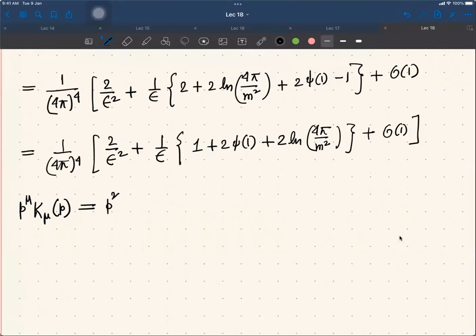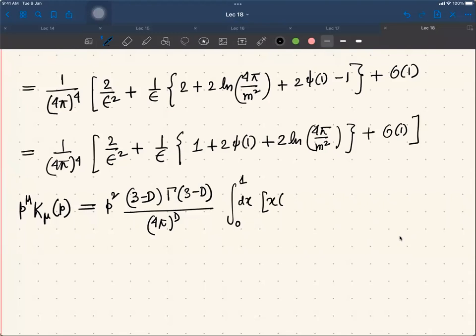This is given by P squared to the power 3 minus D times gamma of 3 minus D, divided by 4 pi to the power D, integral dx from 0 to 1, x into 1 minus x to the power D by 2 minus 2, integral dy from 0 to 1.